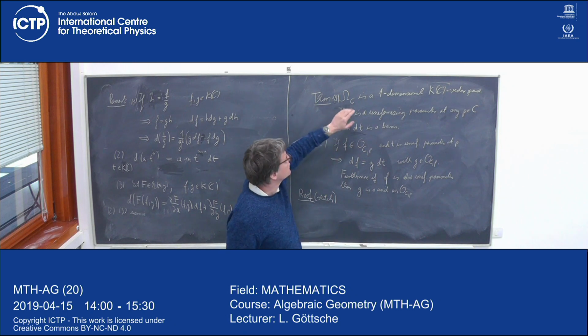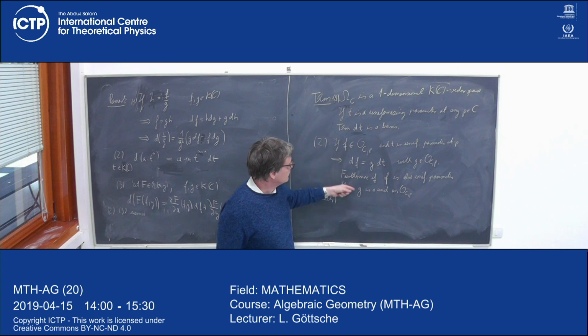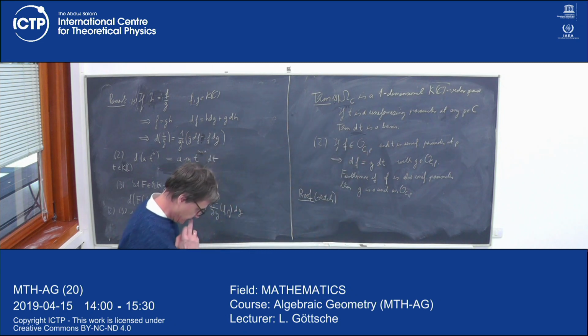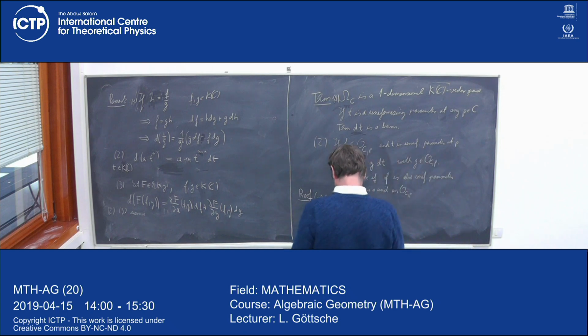It's either a one-dimensional vector space or it's 0. And then one has to make some more effort to prove the rest. Although it's not very difficult, it will require a different approach, so I do not prove this regularity. So let's try to do this. So this is the sketch.